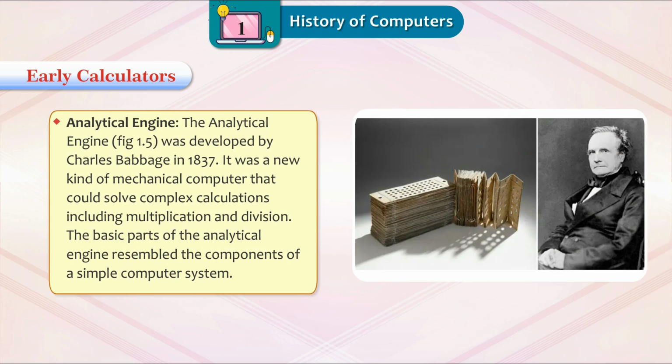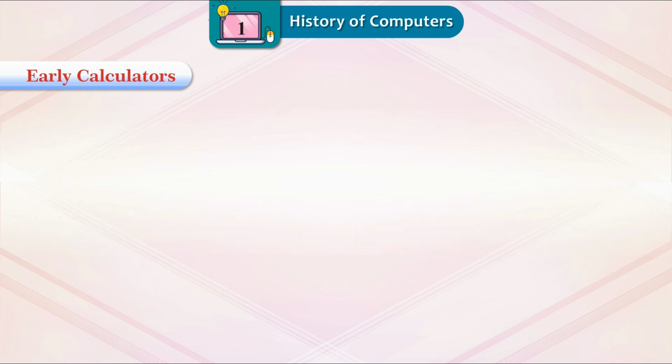Analytical engine. The analytical engine, refer to figure 1.5, was developed by Charles Babbage in 1837. It was a new kind of mechanical computer that could solve complex calculations including multiplication and division. The basic parts of the analytical engine resembled the components of a simple computer system.